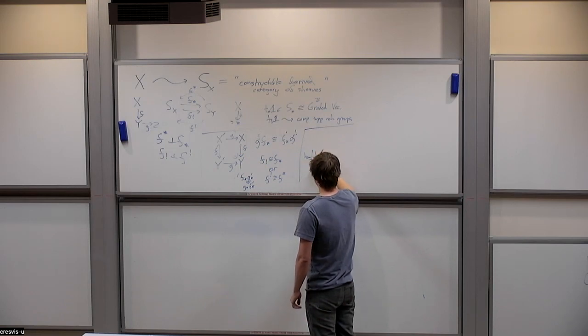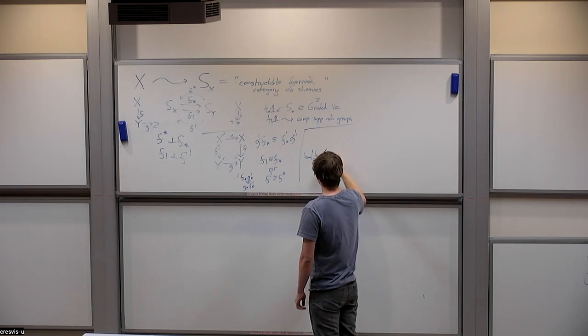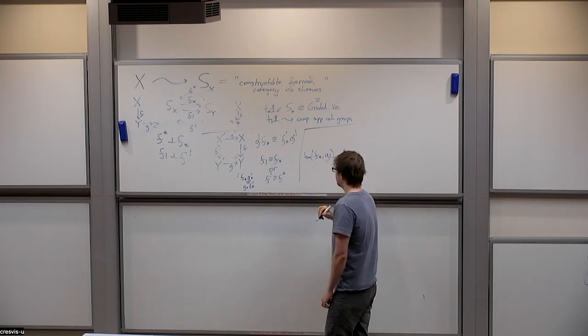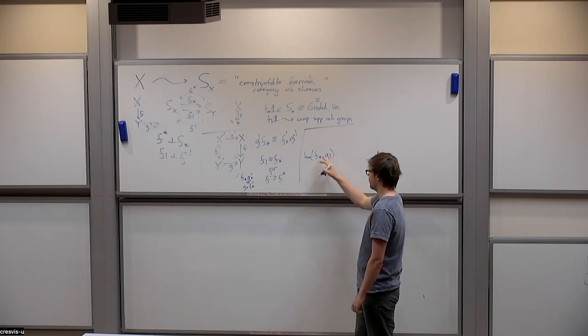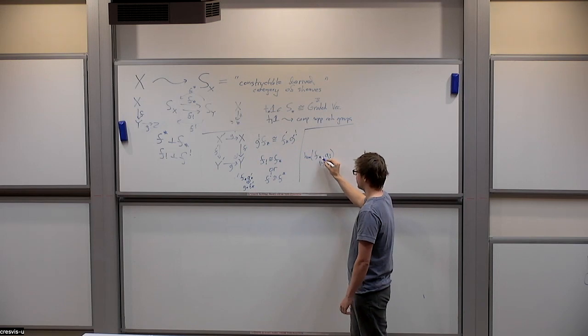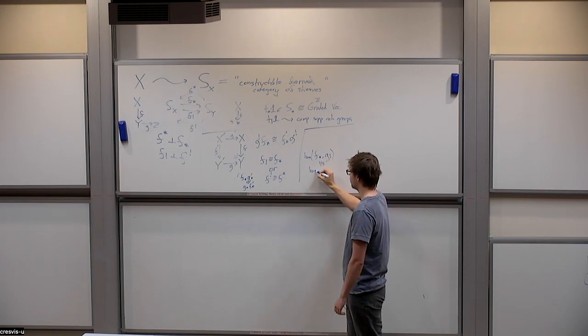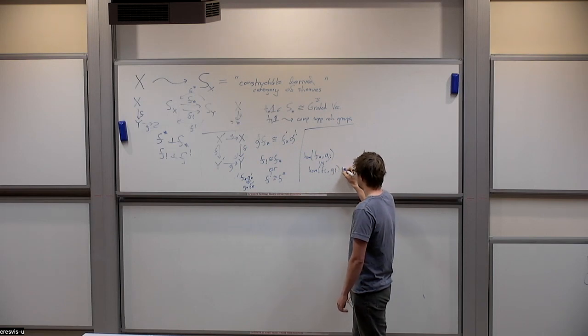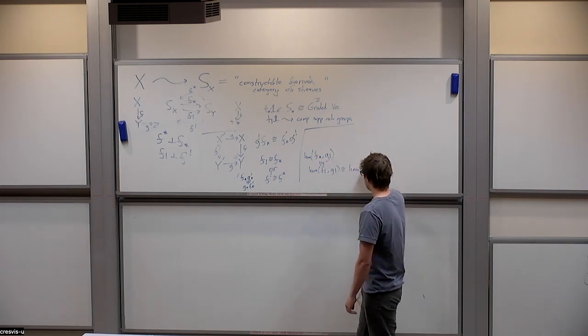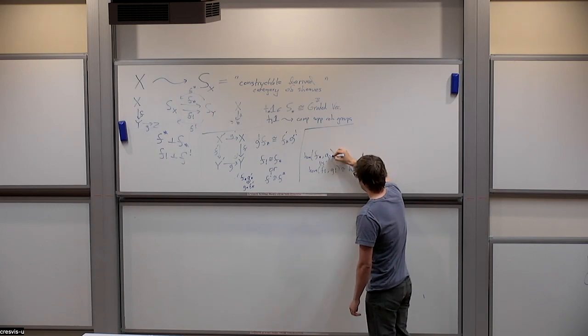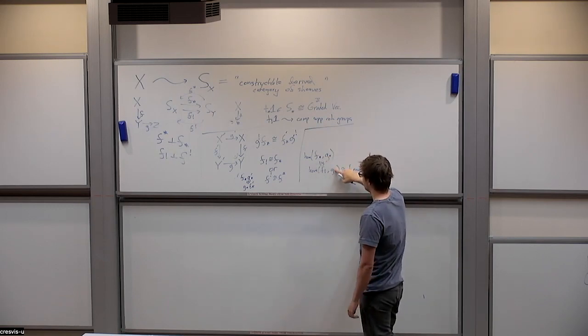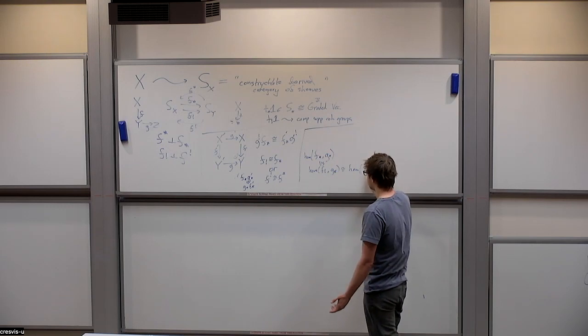For instance, say you're looking at Homs, F lower star, G shriek, whether you interpret this as an object or just interpret these as functors. Then say F is proper, which means F lower shriek, G lower shriek. Sorry. Let's say we want to compute Homs between these two things, or potentially evaluate on a single object.